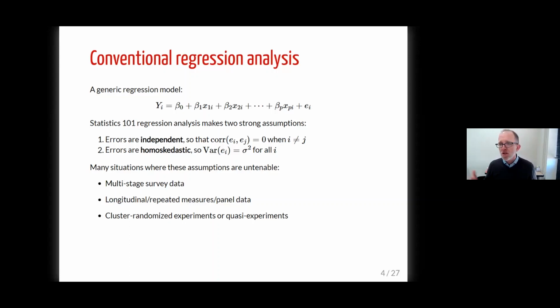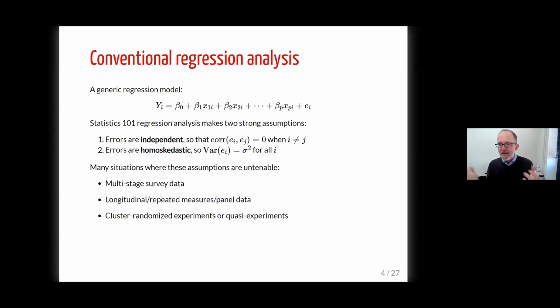Similarly, if you're working with longitudinal data or repeated measures experiments, or what some people call panel data, you're going to be dealing with violations of the independence and potentially also homoscedasticity assumptions. And then a third context: if you're more of an experimentalist or you're running A/B trials, if you've got cluster random assignment, where it's not the individuals that are randomly assigned to conditions, but groups of individuals.